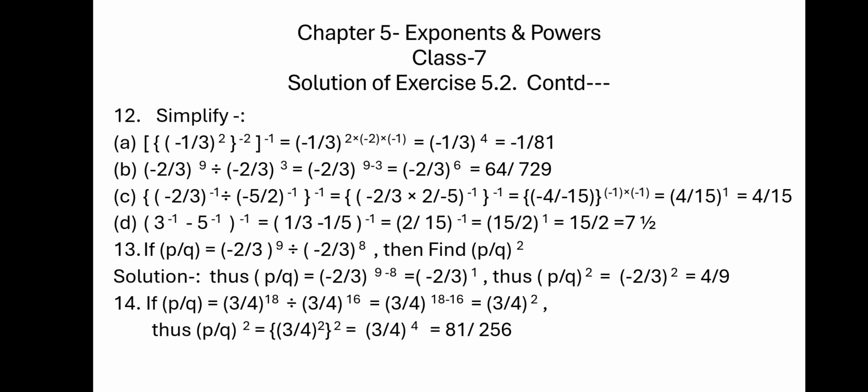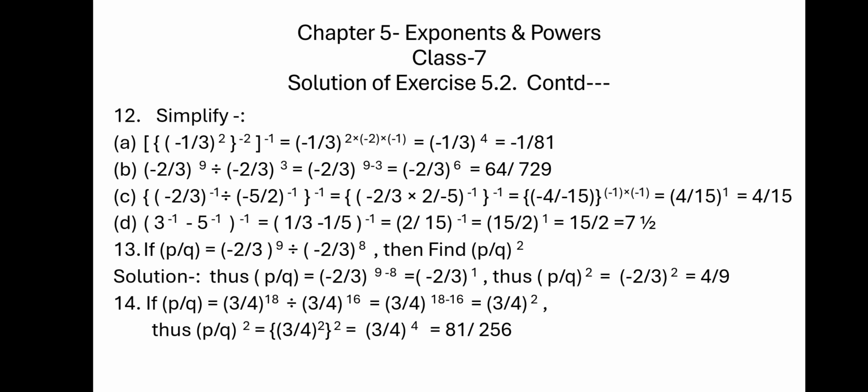Negative 2 upon 3 raised to the power of 1 divided by negative 5 upon 2 raised to the power of 1 and whole raised to the power of negative 1. Now negative 2 upon 3 multiplied by, because here a raised to m divided by b raised to m, so that becomes a upon b raised to m.